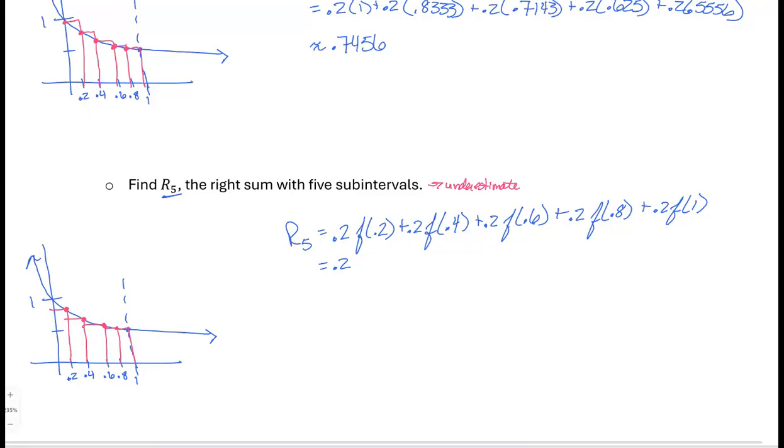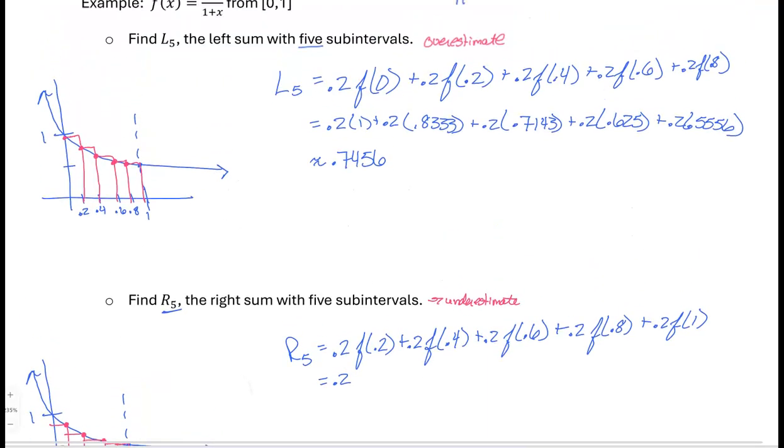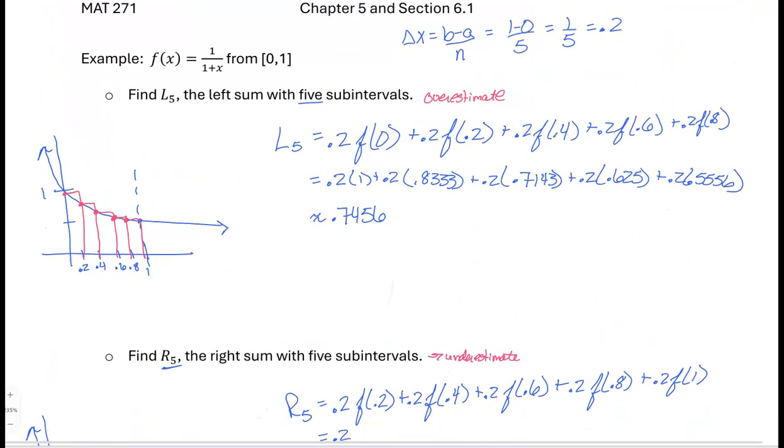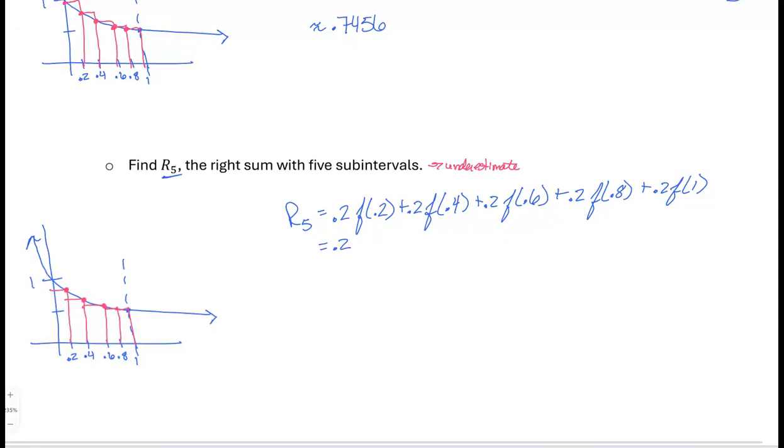Now I'm going to plug in those values. So when I plug in 0.2 into my original function up here, that's going to give me the height of that rectangle. 0.8333. 0.4 is going to give me 0.7143. I'm using 4 decimal places again to get a good estimate.